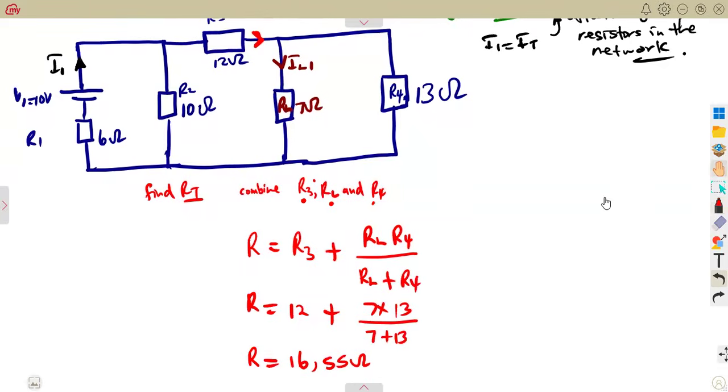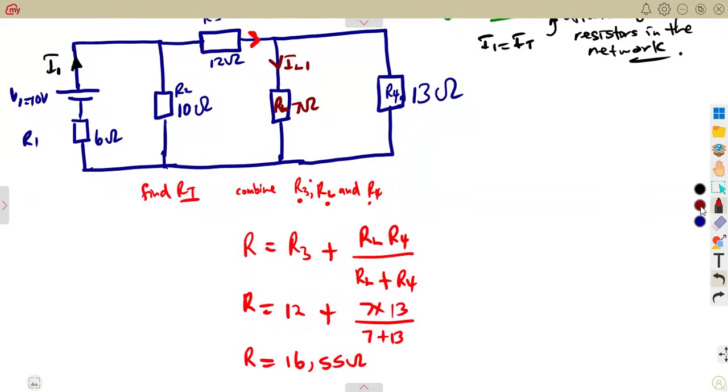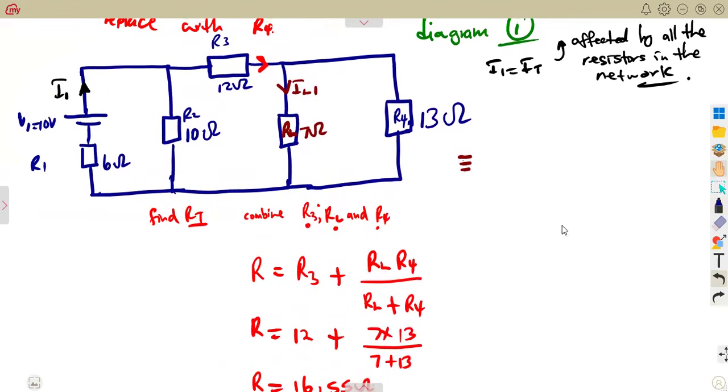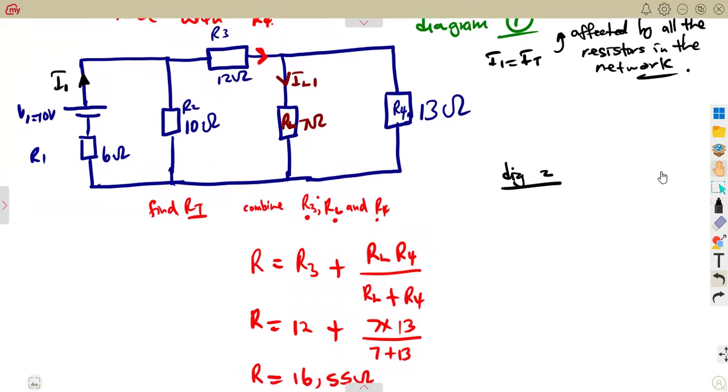So this is what I want you to see now. This network is going to be actually identical to this. If you've combined these, like I say, this is our diagram 1. So let's have our diagram 2 here. After combining these, I want you to see what's going to happen.